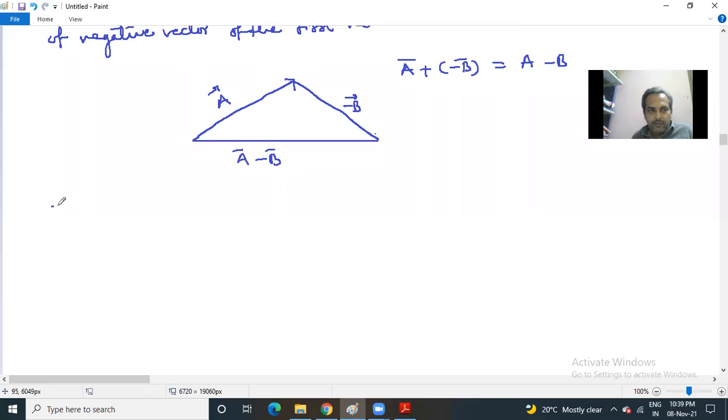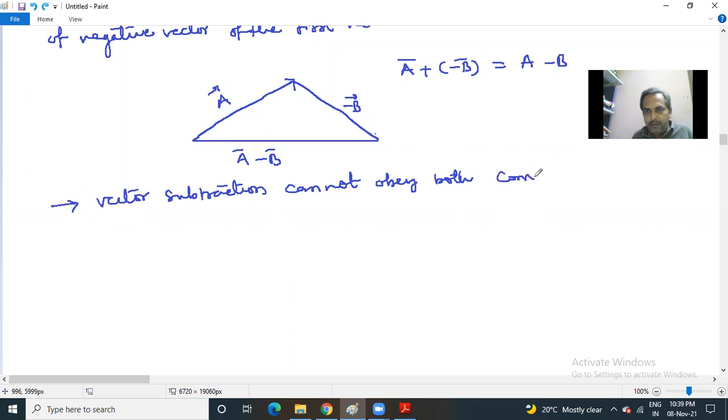So laws of vector subtraction: it cannot obey both commutative and associative law.